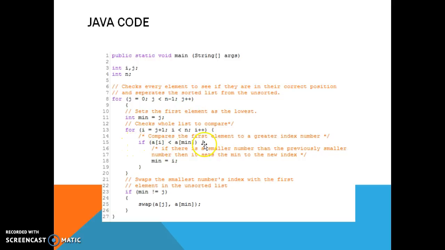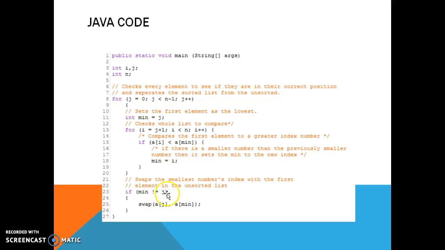So if the first position was your minimum, then it will check the second, and if that does not work, then it will check the third, and if that is the new minimum, then it will set it to your new minimum. And lastly, in this for loop, it will check if the minimum is equal to your j, because it could already be in its position already.